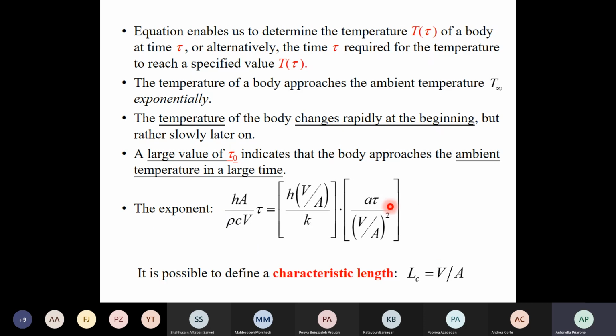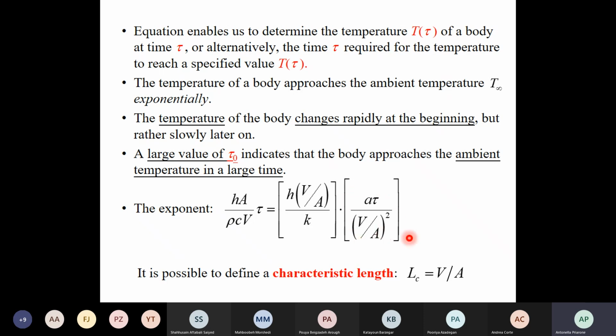Does someone recognize this number, and this number? Okay, I say to you that introducing the characteristic length of a phenomenon, that for a lumped system is the ratio between the volume and the external area, if I introduce this characteristic length, this one is the Fourier number.